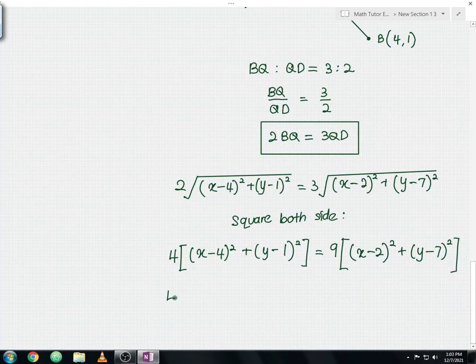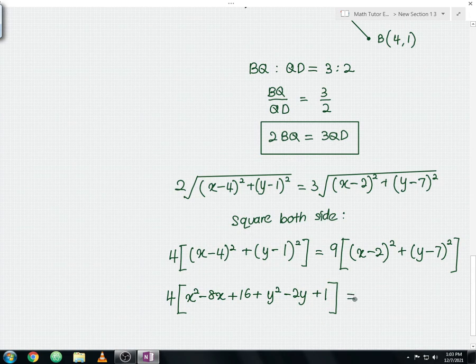So from here 4, and then square bracket. So from here x square minus 8x plus 16. This is based on the expansion of x minus 4 square, guys. And then plus y minus 1 square. You expand this, you should get y square minus 2y plus 1. Close bracket.